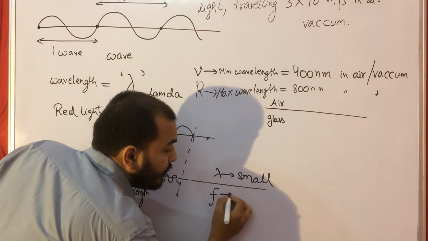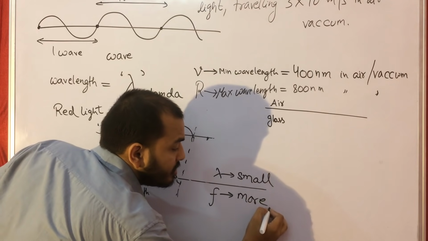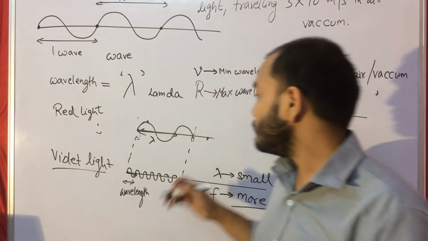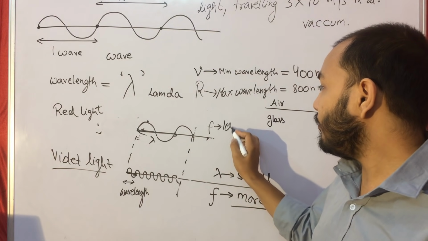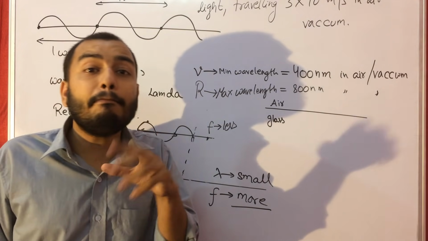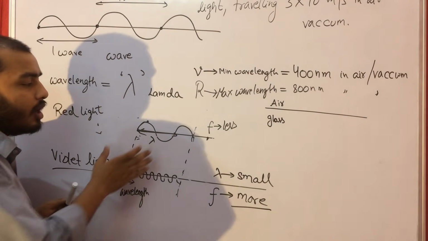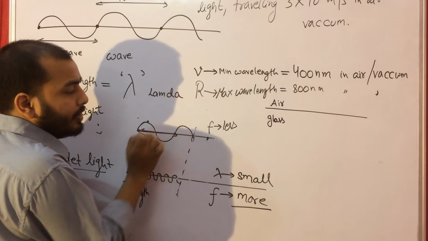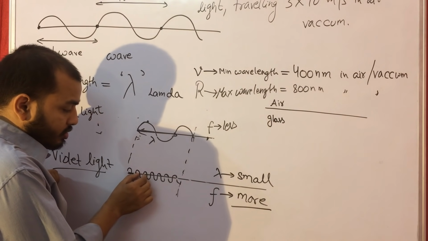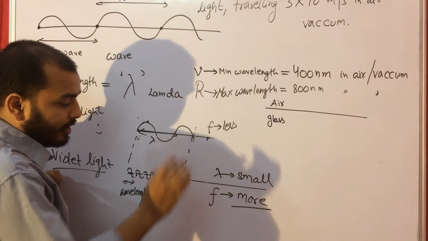So we say frequency is more for violet and less for red. Are you getting the frequency term? It is the number of waves. How many waves are here? 1.5. How many here? 1, see, 2, 3, 4, 5.